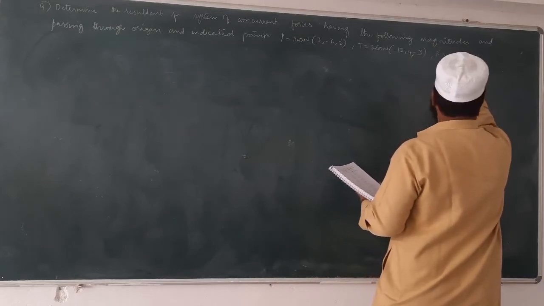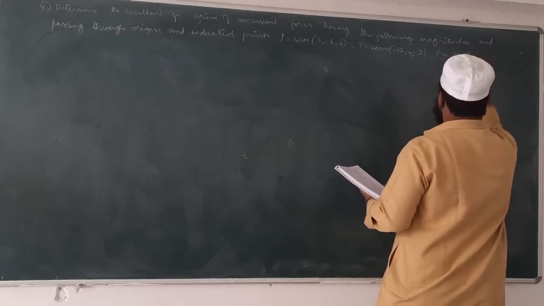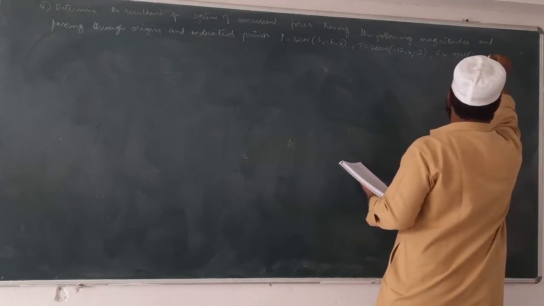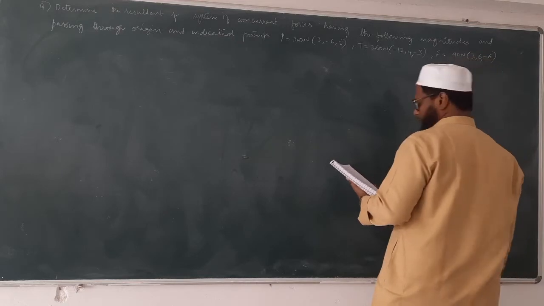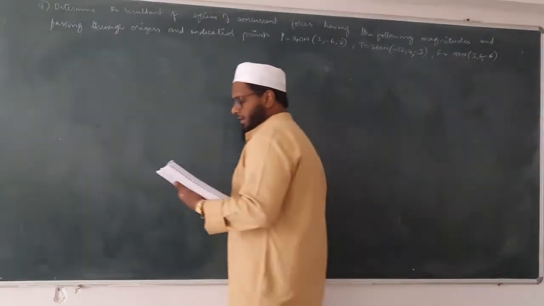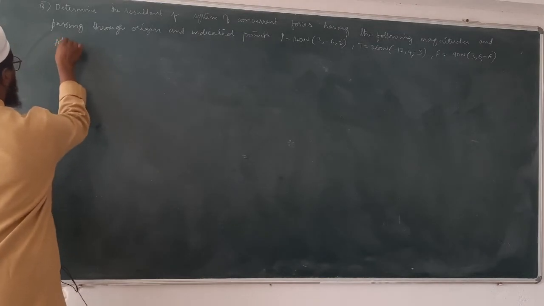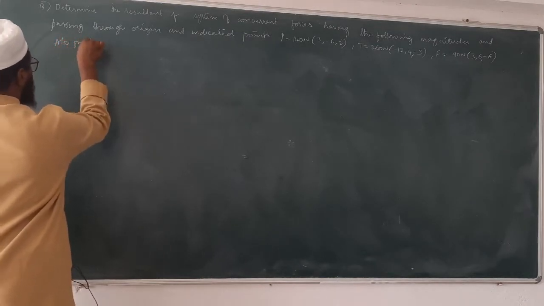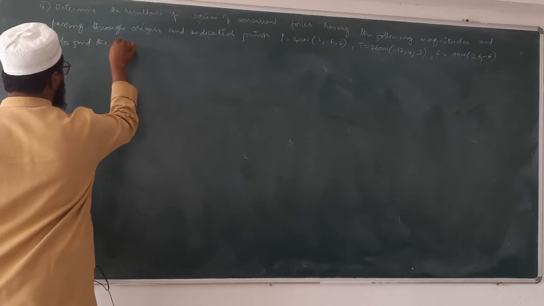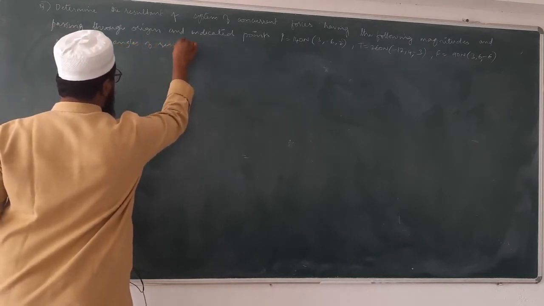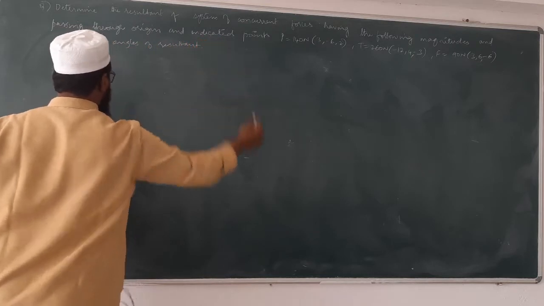F is equal to 90 Newton, 3, 6 minus 6. Also find the angles of the resultant.